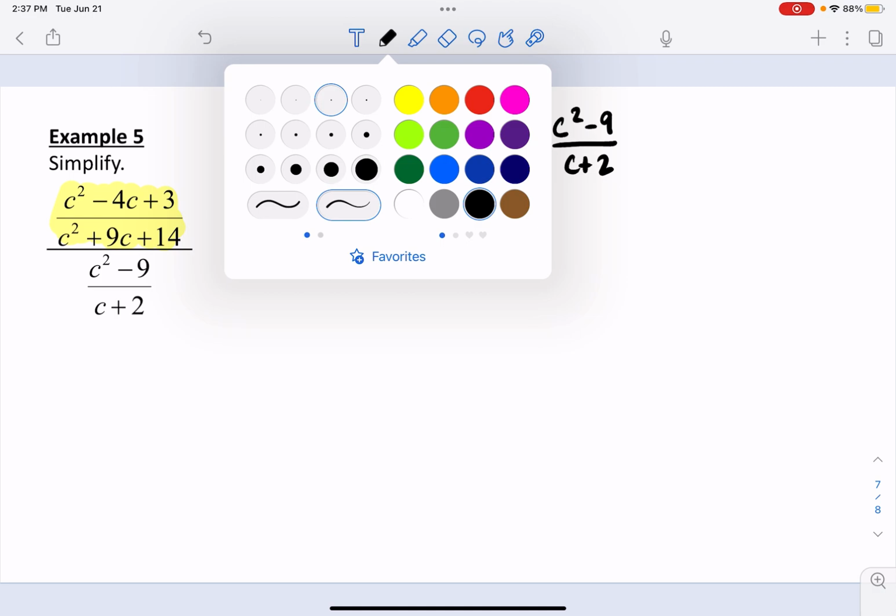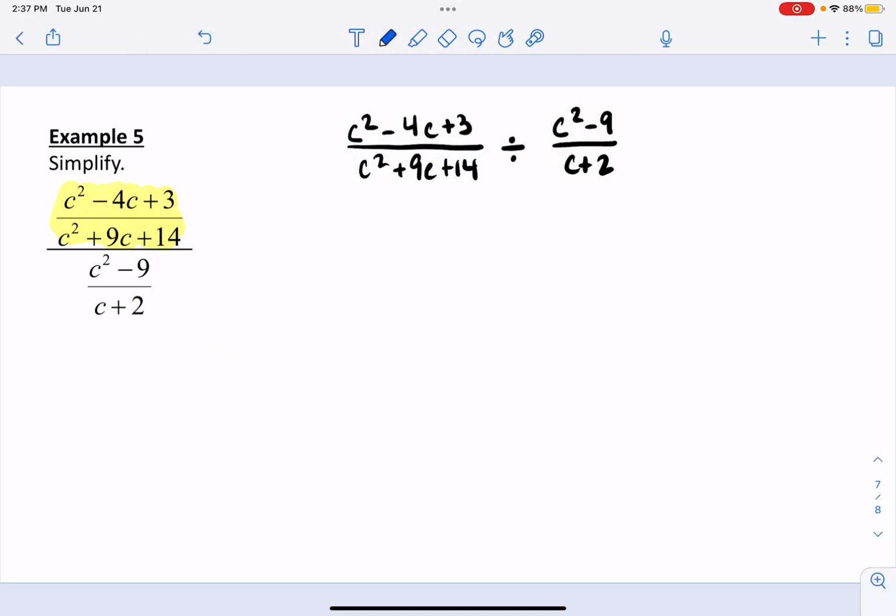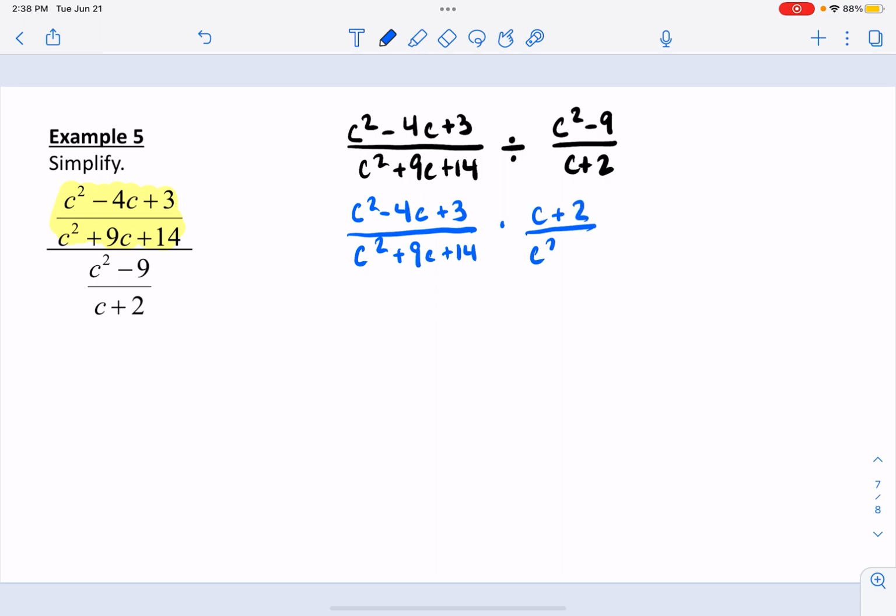Now, I'm going to try and do a couple things at one time here. I'm going to factor. Actually, no, I'm not. I thought I was going to. I don't want to get too far ahead of myself and go too fast. So I'm going to multiply and flip the second one.